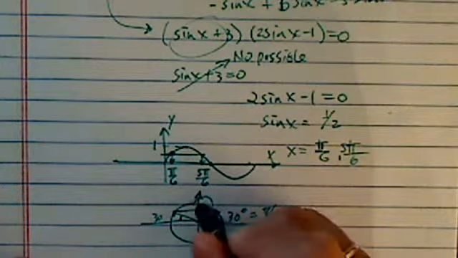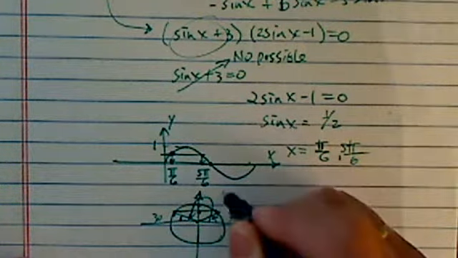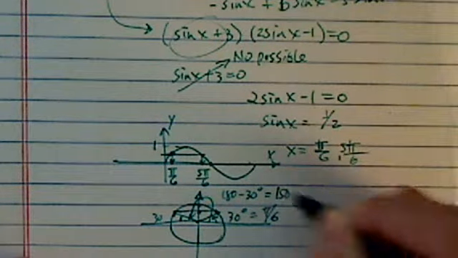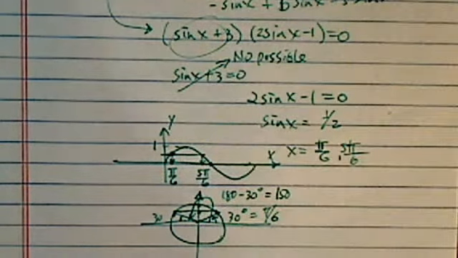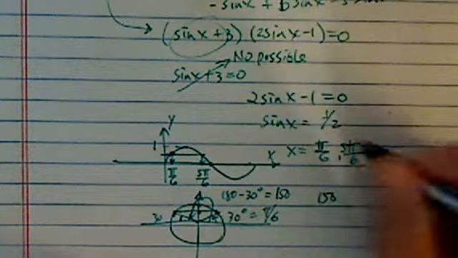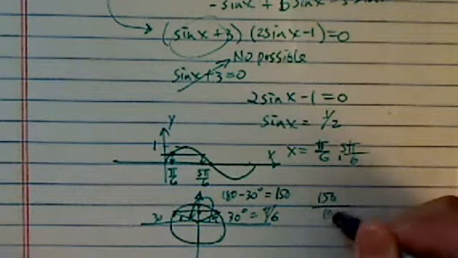And you also have this bigger angle, which is 180 minus 30, which is equal to 150 degrees. If you want it converted, it's actually 5 pi over 6, but let's see if we can convert it.